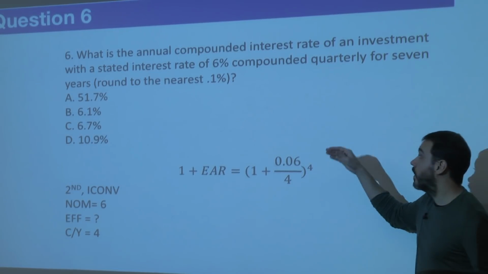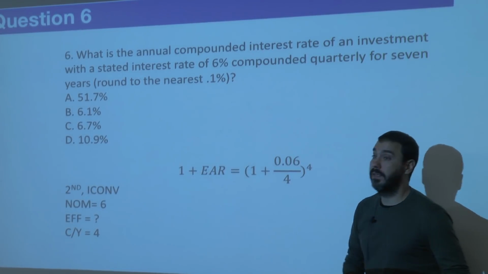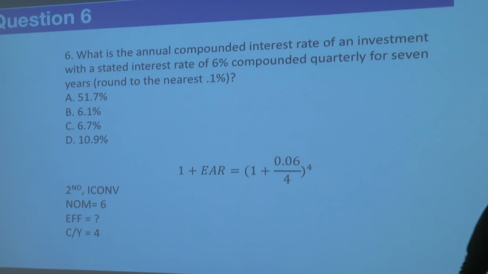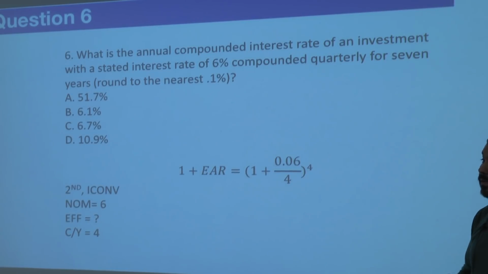So each one of the 7 years, we will earn this effective rate. So the fact that it's a 7-year investment would matter if I actually asked you, by putting $1 in this investment account, how much will I have in 7 years? Then yes, you would use 7 as your number of periods. But here, I'm not asked anything about that. I'm just asking, what is the effective rate?